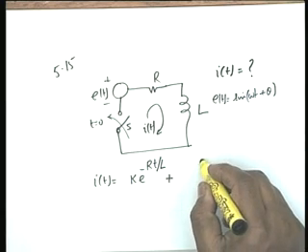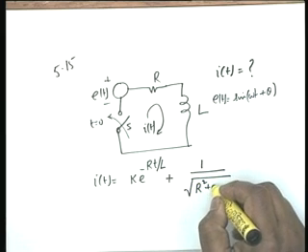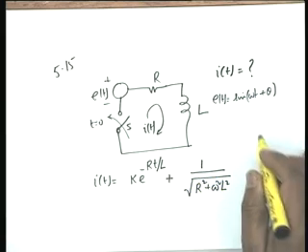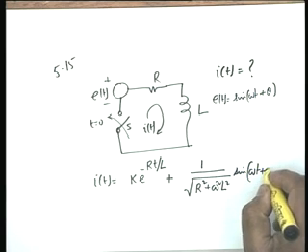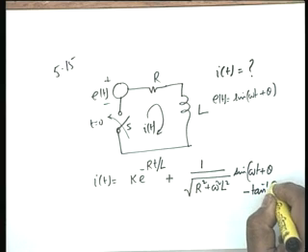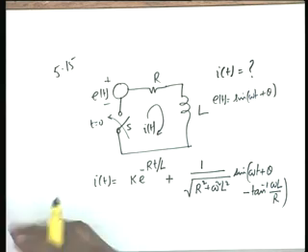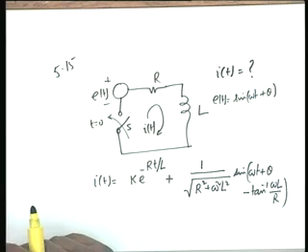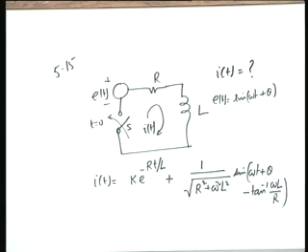Steady state response would be 1 by square root of R squared plus omega squared L squared, times sine of omega t plus theta minus tan inverse omega L divided by R. This part you can do yourself, and it should be obvious. You should be able to write this solution immediately by looking at this circuit.